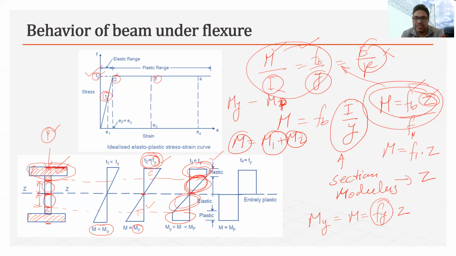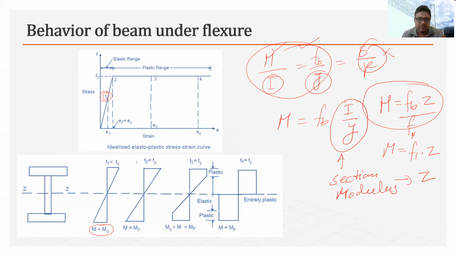Mp is called the plastic moment. The plastic moment is the condition when the whole material of the section is yielded. You can see here, in this case, what is happening is that it is in the elastic range.